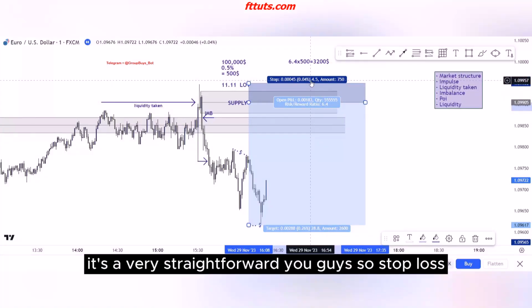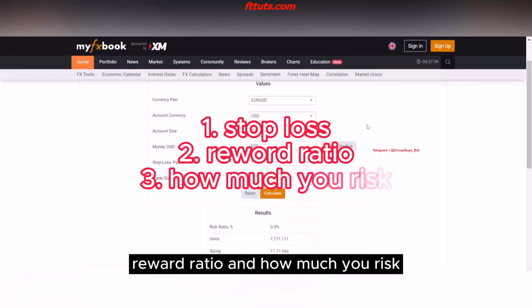It's very straightforward, you guys. So stop loss, reward ratio, and how much you risk.